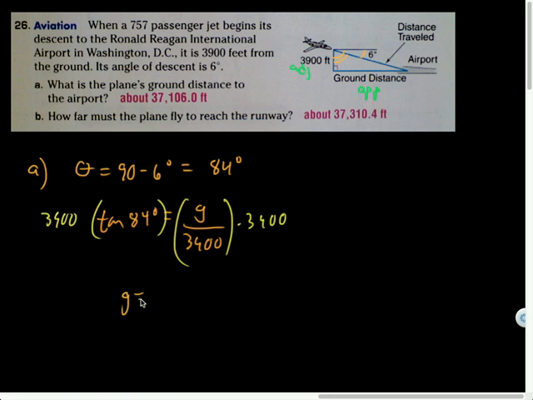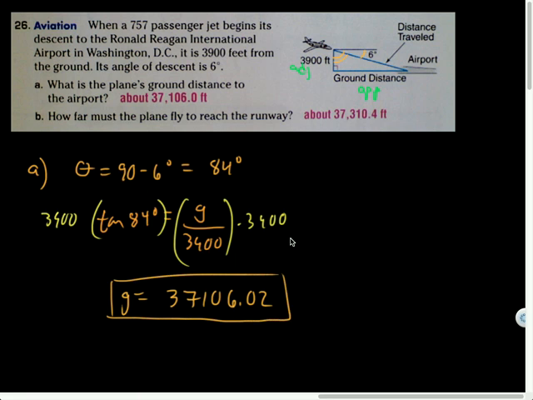So G is just going to equal 3,900 times tan 84. I don't have an 84-degree finger. So 3,900 times tan 84 is, I got 37106.02. And that seems rightish to me.